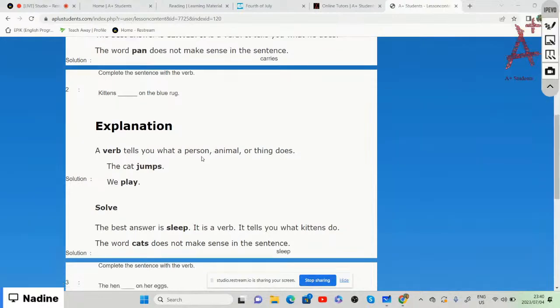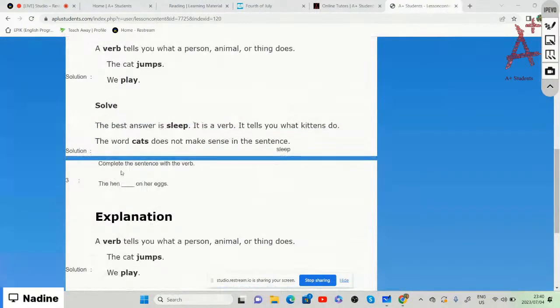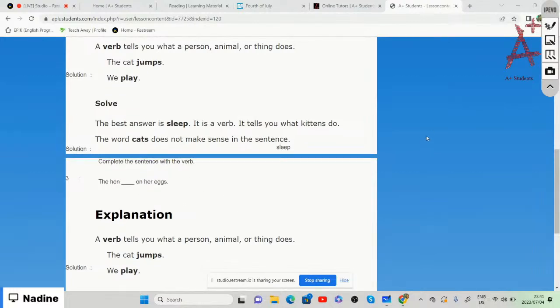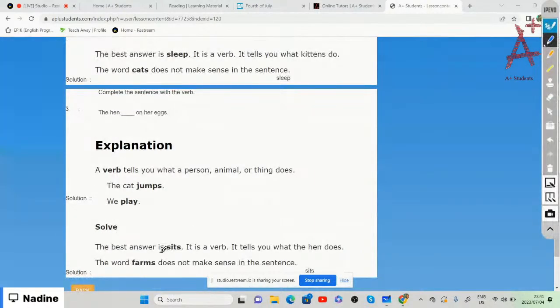Beautiful. All right, let's do the last one. The hen what on her eggs? What do you think the hen does on her eggs? So we can then say the hen sits on her eggs. So remember, they sit on the eggs before it hatches.